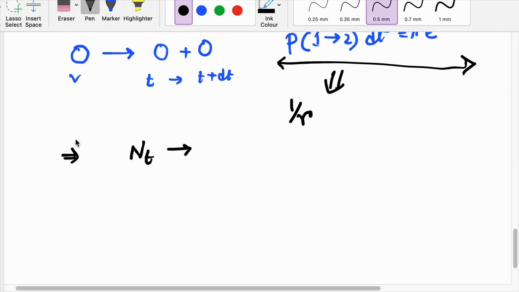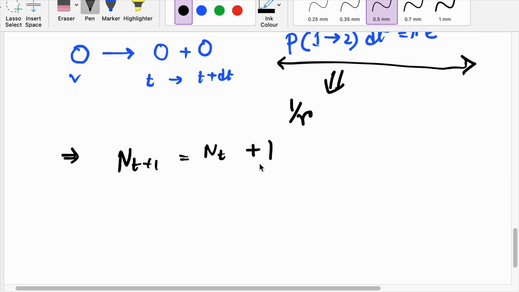We can write it in this way: suppose in some time t there was Nt individuals, and because of this reproduction rate it will become Nt plus 1.